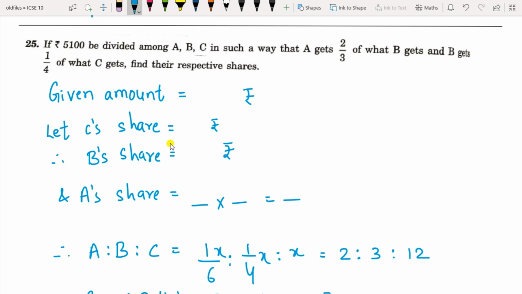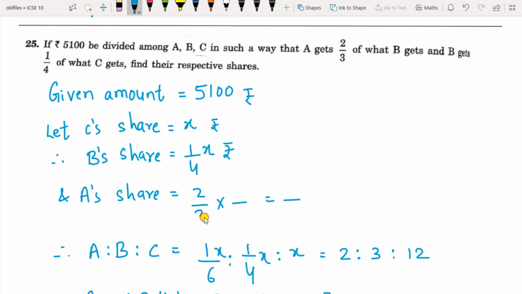So question 25, the given amount is 5,100. C's share is taken as x here. B gets 1/4 of what C gets, so B's share is 1/4x, and A's share is 2/3 of what B gets.